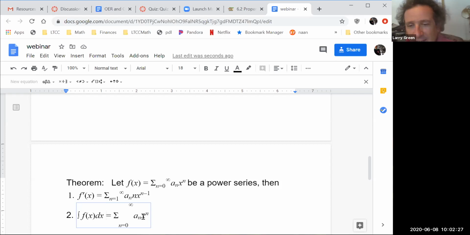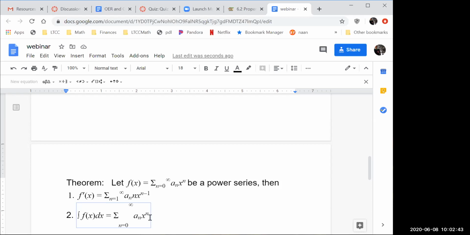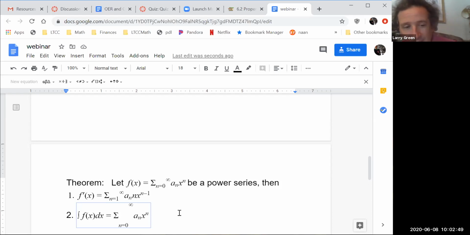Polynomials are some of the easiest things in the world to take an integral of. How do you integrate a sub n x to the n, a constant times x to the n power? N plus 1 divided by n plus 1. I think you got the right idea, you're just saying it a little weird. It's x to the n plus 1, and then we're going to divide by n plus 1. So a sub n will be the numerator, and n plus 1 will be the denominator.